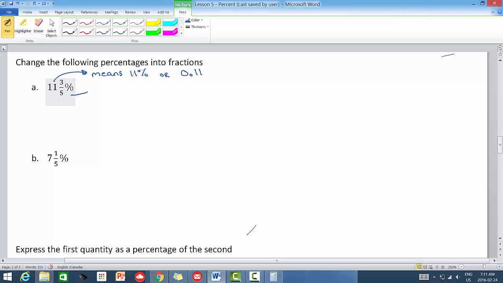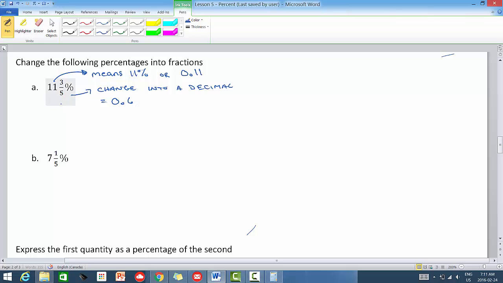This 3/5 here we have to change into a decimal. So 3/5, or 3 divided by 5, is 0.6.